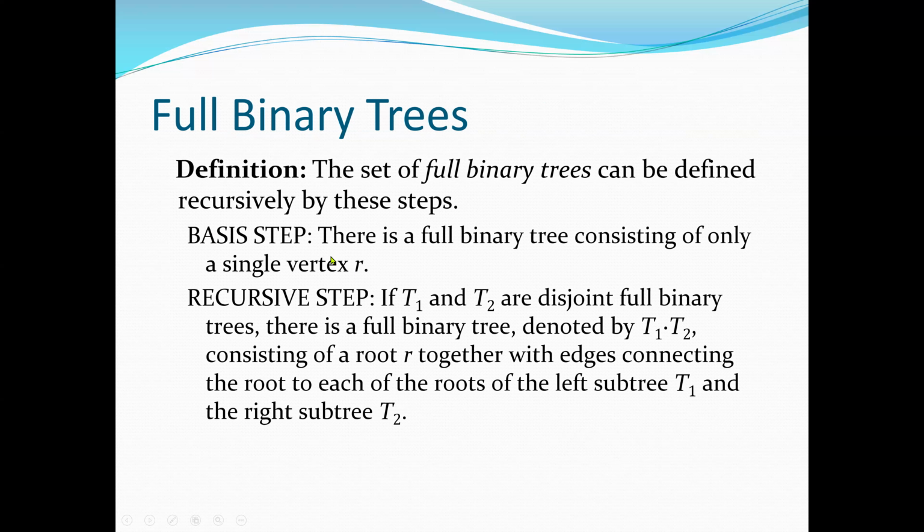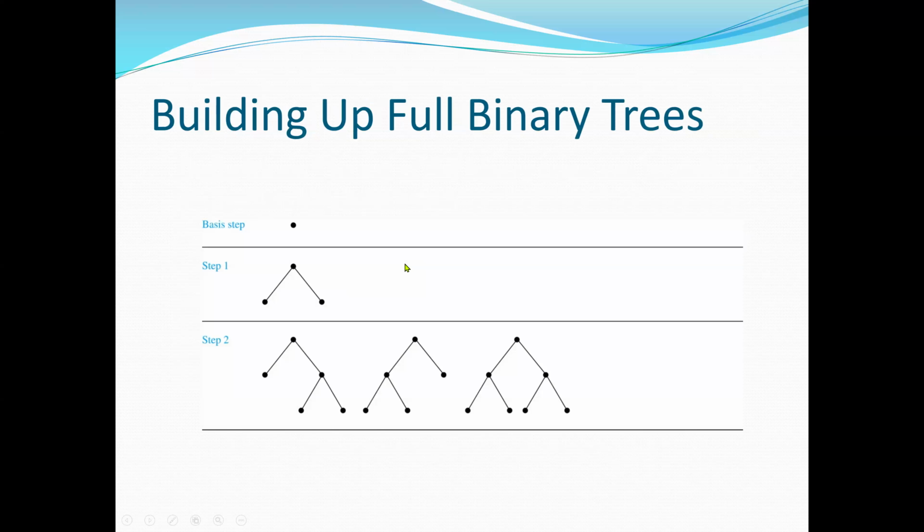Then the recursive step: if we have T1, T2 that are disjoint full binary trees, then there's a full binary tree denoted by T1, T2, which consists of the root R with edges connecting the root. And we talk about building up a full binary tree. So we start with the root, we finish with the first level, then step 2, we go to the second level.